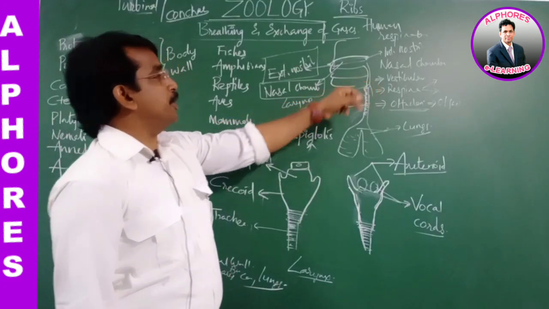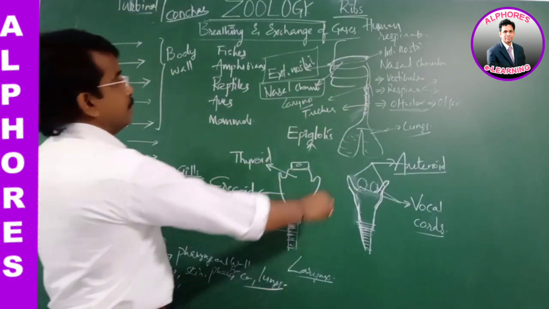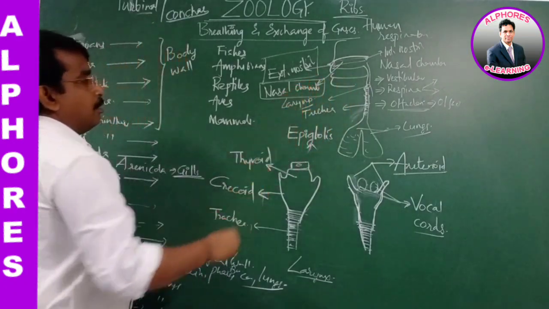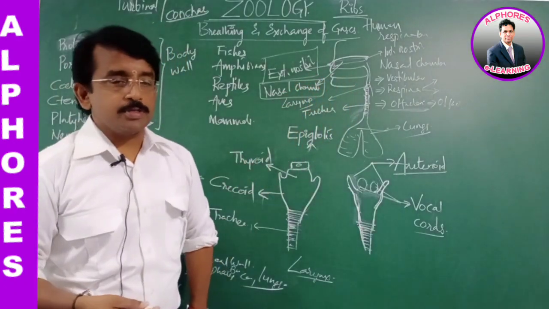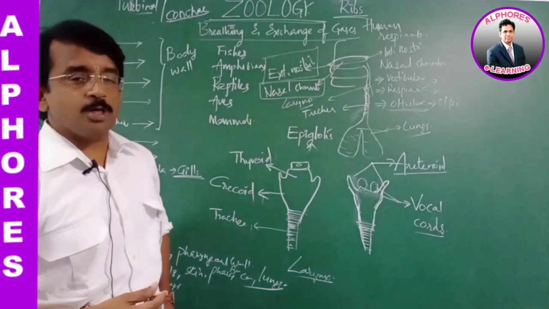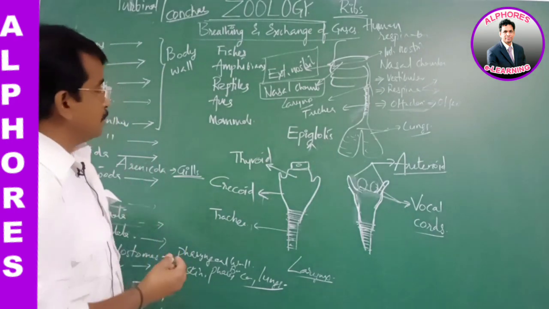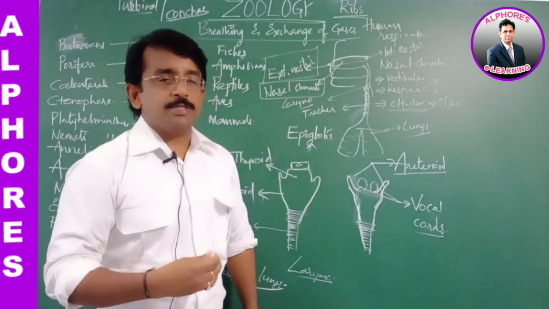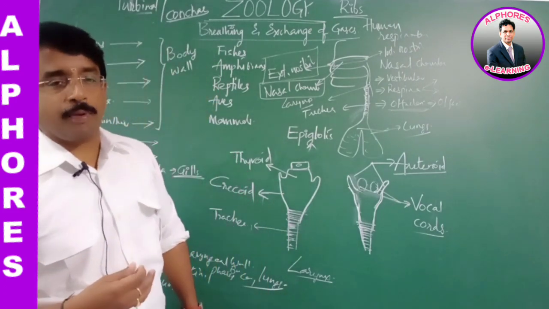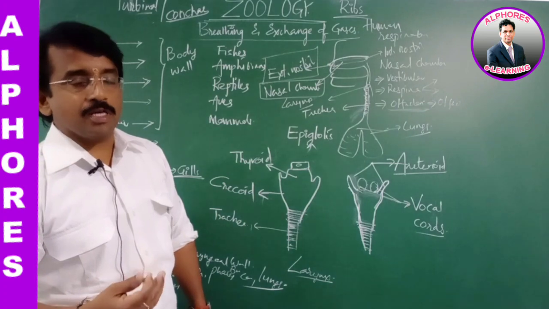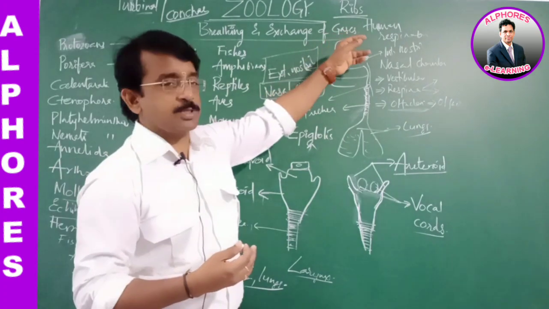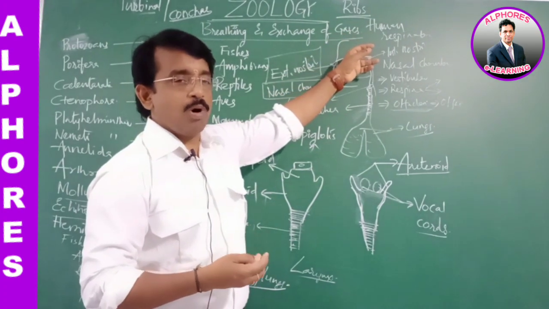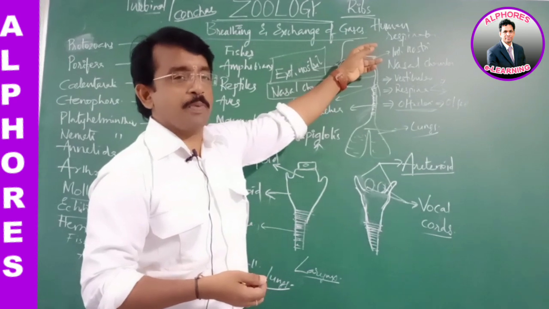The nasal chamber leads into the nasopharynx, which has the internal nostrils. The part containing the internal nostrils, situated above the soft palate, is the nasopharynx. The internal nostrils are one of the passages of pulmonary respiration.